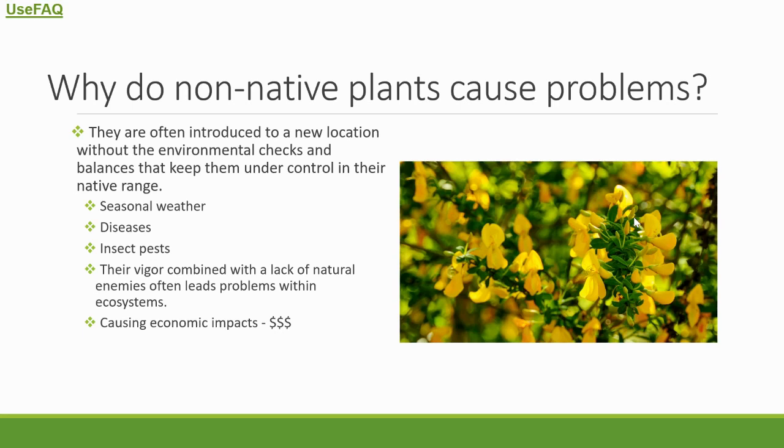I'm able to get so much bigger because it's warmer longer. Therefore, I can create more flowers to produce more seeds. And maybe that plant disease that was taking me out in Europe is not here in Montana. So I'm able to grow even bigger and better. That bug that was eating my flower head is not here.